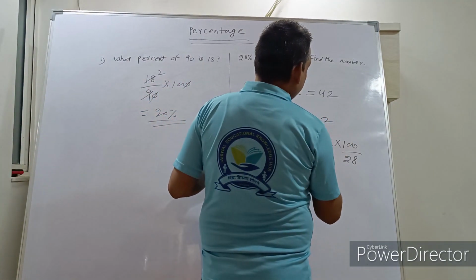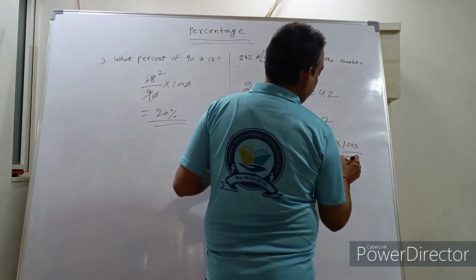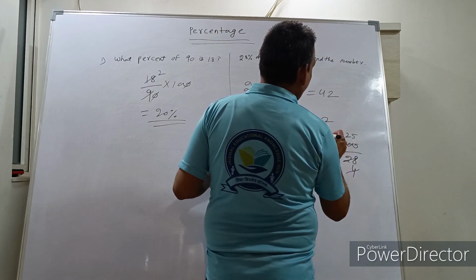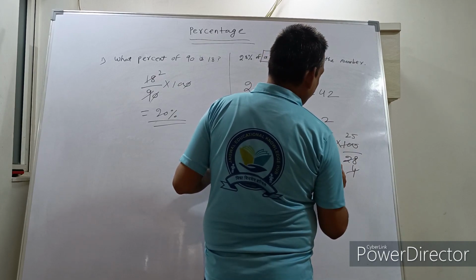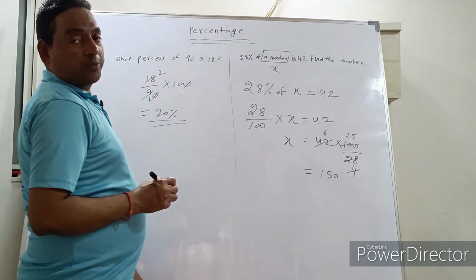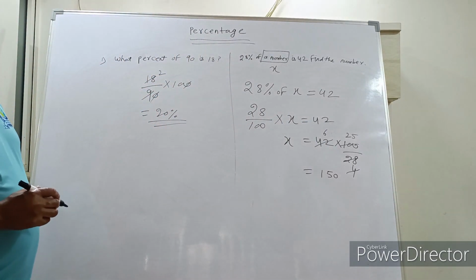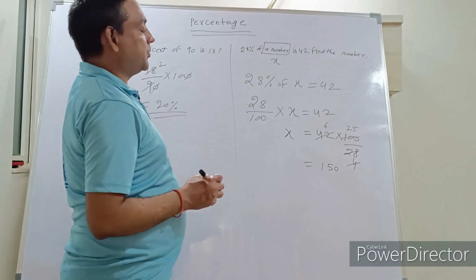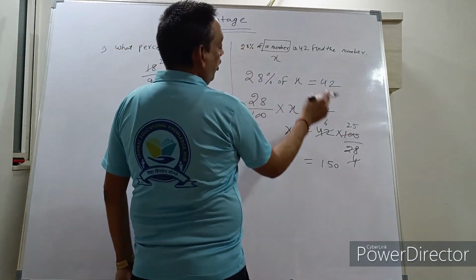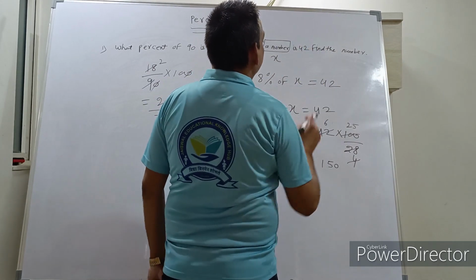Now 7 fours are 28, 7 sixes are 42. 4 ones are 4, 4 twenty-fives are 100, so 25 into 6 gives 150. So the required number, the original number, is 150. 28% of 150 is equal to 42.